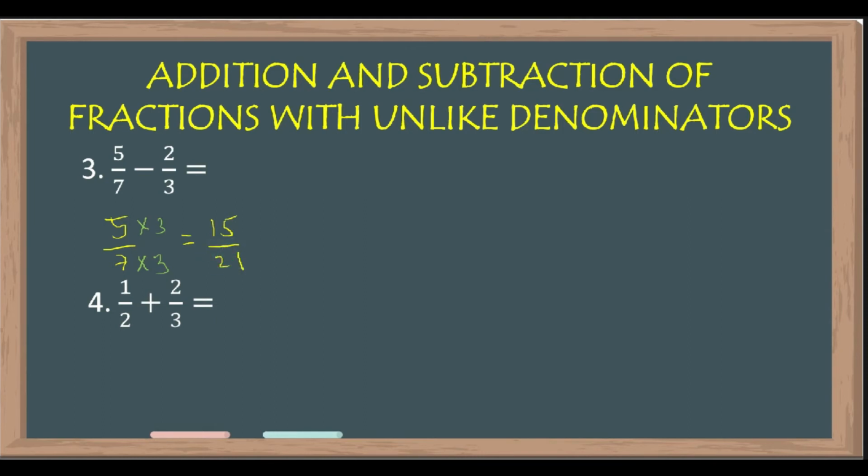Now, the same process ang gagawin ko sa 2 over 3. Pero, ibang number naman. So, ano kayang ita-times ko sa 3 para maging 21 din ang kanyang denominator? Yes, that's times 7. Then, times 7 din sa kanyang numerator. So, this will become 2 times 7, that is 14. 3 times 7, that is 21.